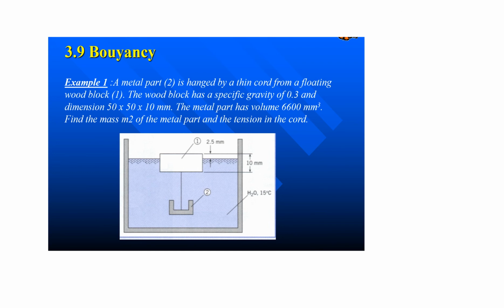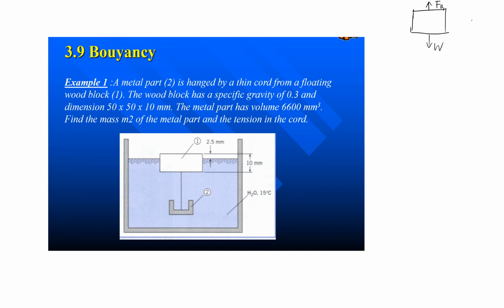The first thing that you need to do is to draw the free body diagram. For the wood block, it has weight, so the weight is going down. At the same time, there's also buoyant force.